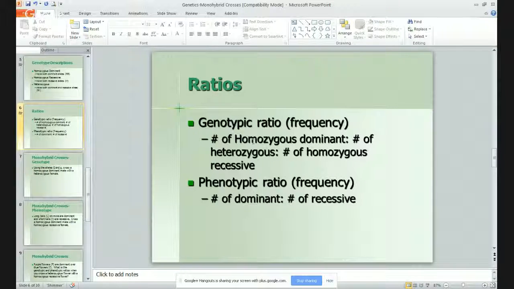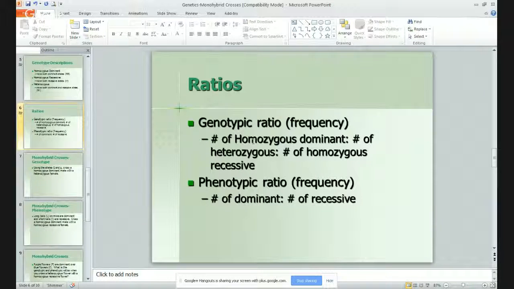You have to put a 0 in here if you get a 0. Let's say you have 0 homozygous dominant, 2 heterozygous and 2 homozygous recessive individuals. You have to put a 0 in that homozygous dominant spot. Otherwise, I only have 2 numbers and don't know which number you left out. So in that case, you'd say the ratio is 0 to 2 to 2.